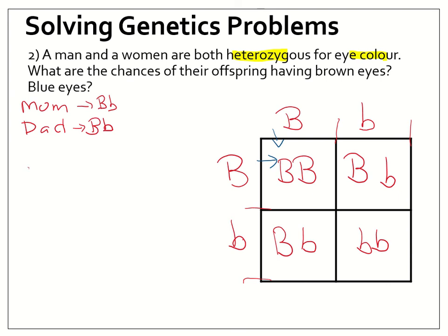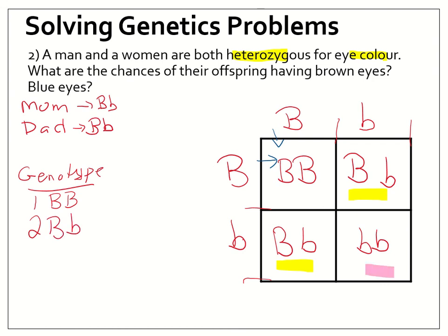From there, I need to figure out my genotypes. And when we're talking genotypes, we're talking about the offspring, so the babies. You're going to have 1 homozygous brown. Then you're going to have 2, so you have this guy here and this guy here that are the exact same, so that's where the 2 comes from. And then the last one is the lowercase ones here, so 1.